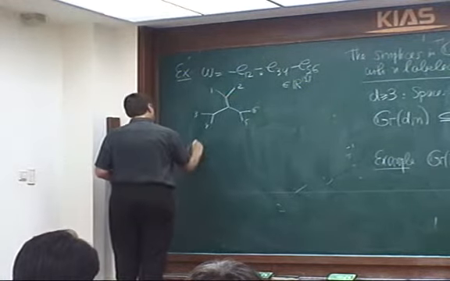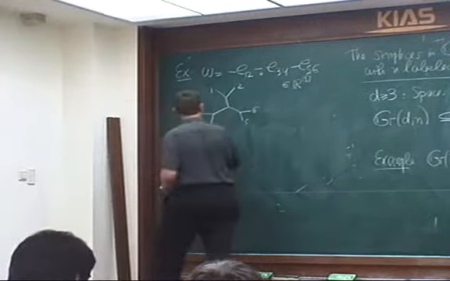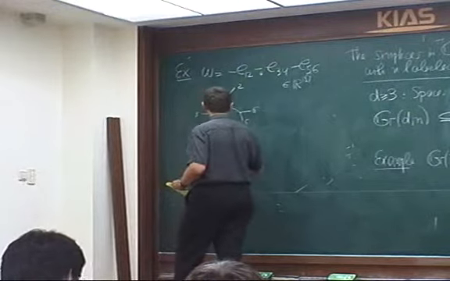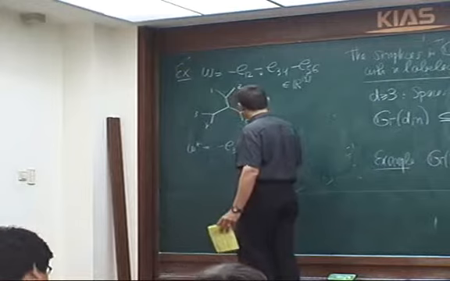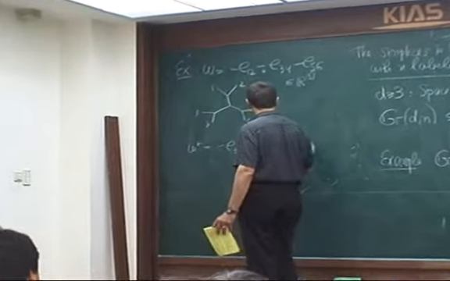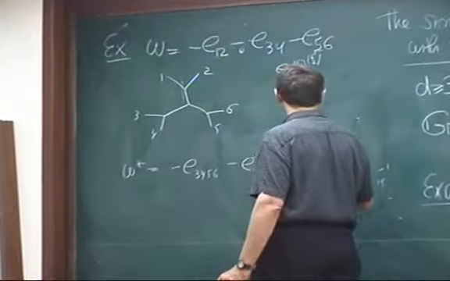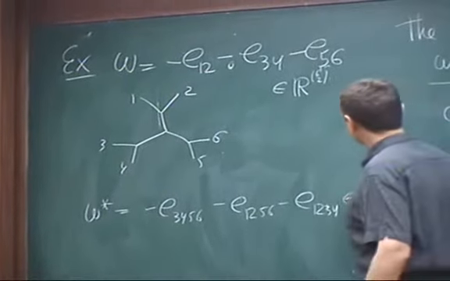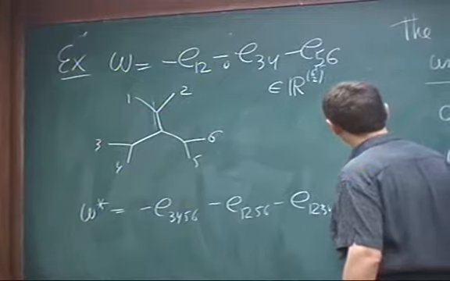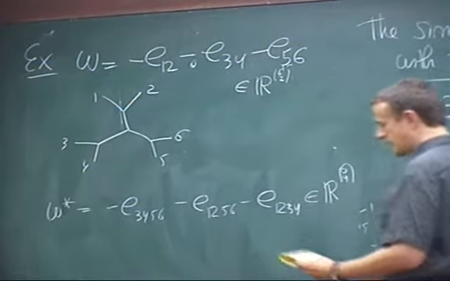And then the dual Plücker vector is the same vector except you're complementing the indices. So it's minus E3456 minus E1256 minus E1234. So that's the corresponding vector that lies in the dual Grassmannian on the other side.